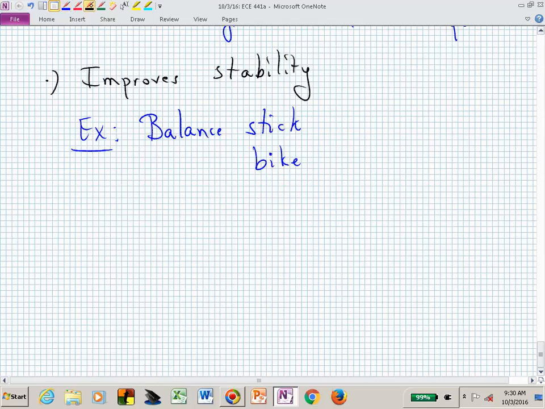Another property of feedback is that it allows you to reduce sensitivity. That's a big word, so we're going to dive into that a little bit. I have trouble with sensitivity, but anyway, we're trying to reduce sensitivity.